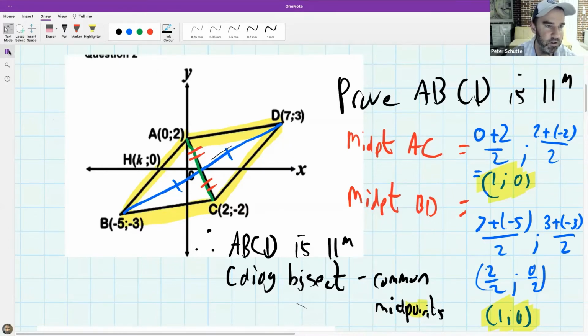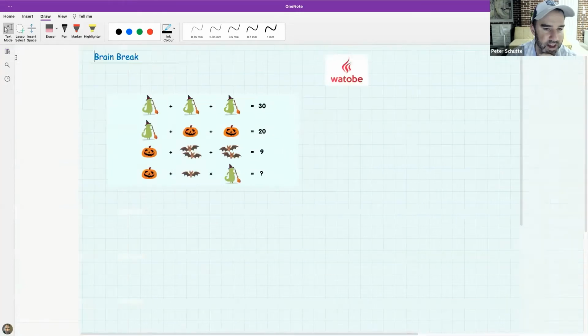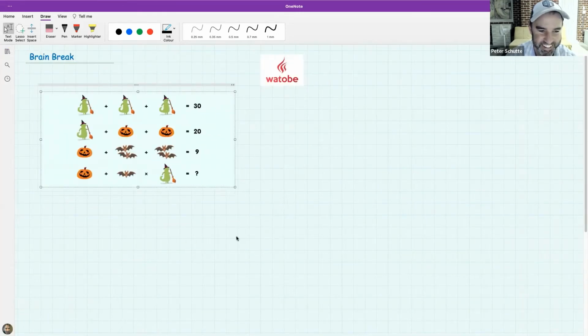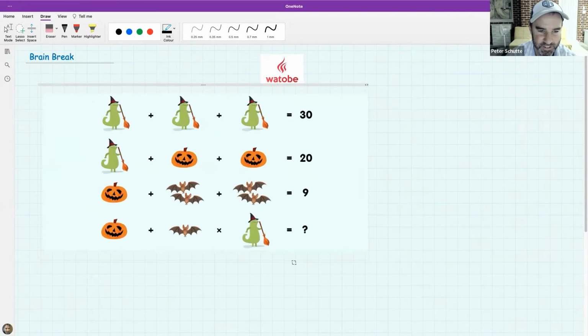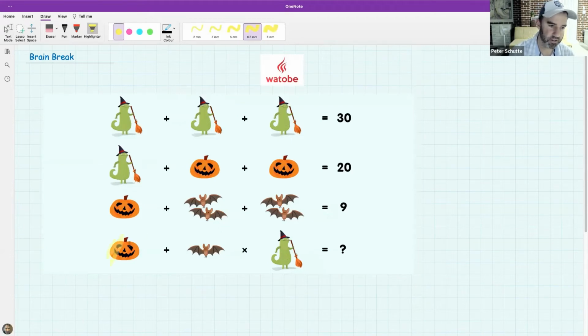And I know that what you really want is one of these mystery questions. So let me find a brain break. It's a Halloween theme. So just take a moment to enjoy the pumpkin. I don't even know what that funny little green thing is. Caterpillar, gnome, anyway. What I'm interested in knowing from you today, let your brain just wander for a second: what's a pumpkin plus a bat times, I don't even know, is it a frog on a broomstick?